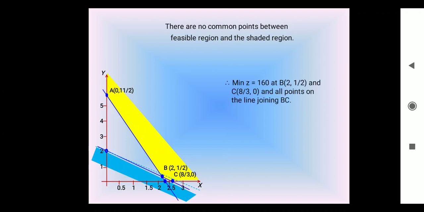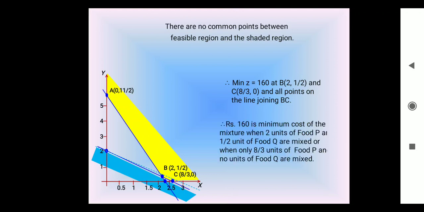Therefore, the minimum of z is 160 at B (2, 1/2) and C (8/3, 0) and all the points on the line joining BC. Therefore, rupees 160 is the minimum cost of the mixture when 2 units of food P and 1/2 unit of food Q are mixed, or when only 8/3 units of food P and no units of food Q are mixed.